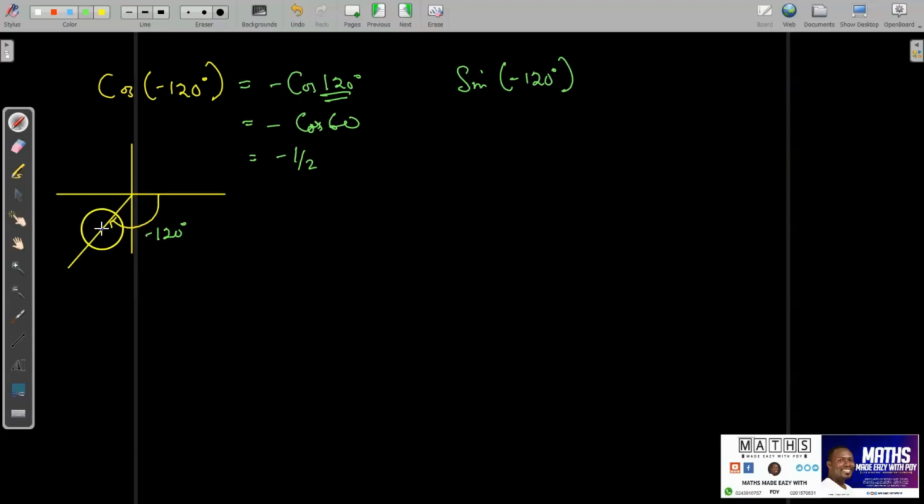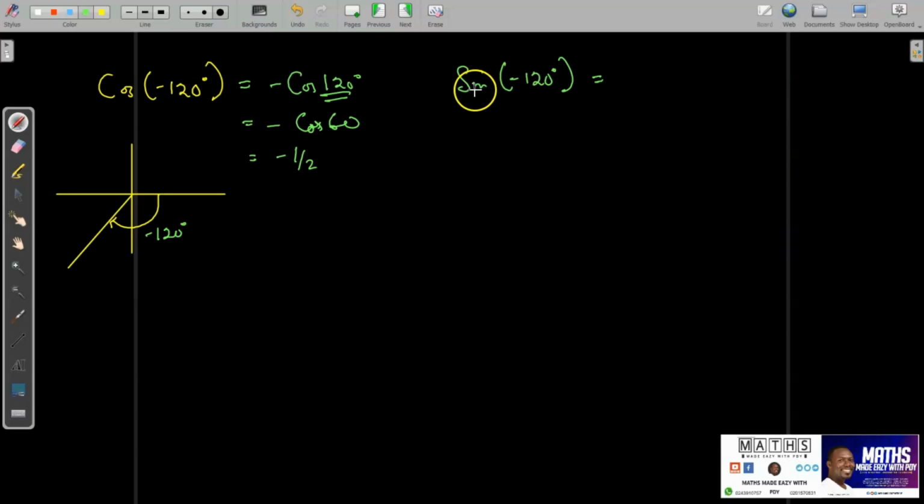So since it finds itself in the third quadrant, we are expecting a negative answer altogether. Then you ask yourself, what special angle can we get from 120 degrees? That is 60 degrees.